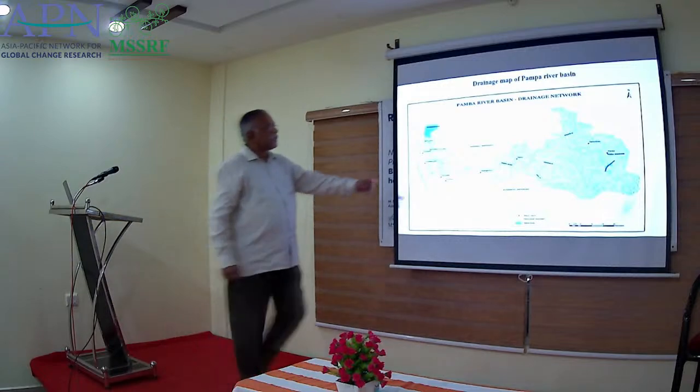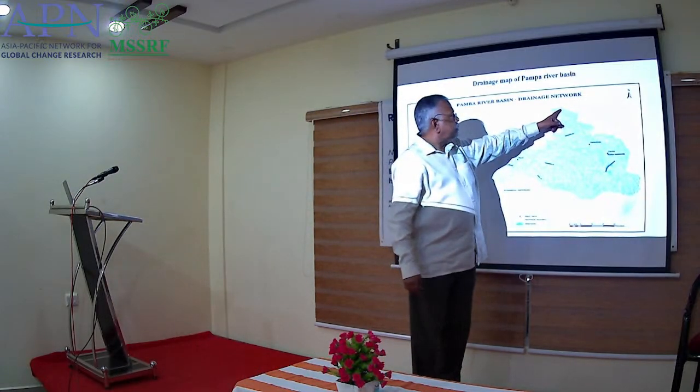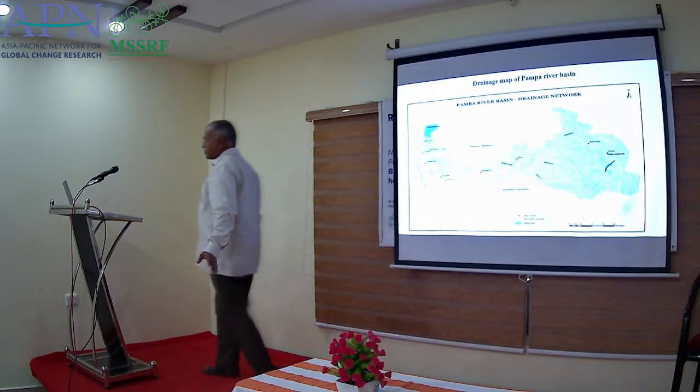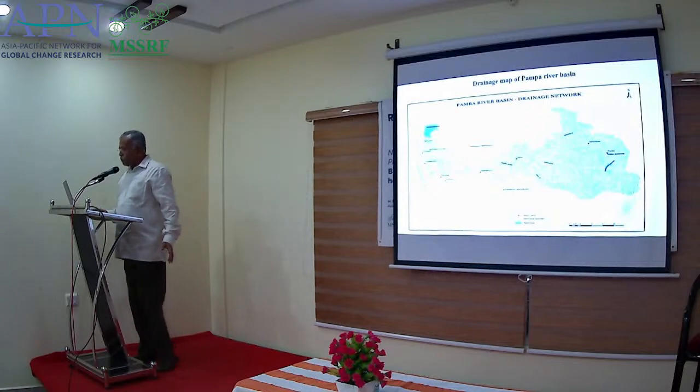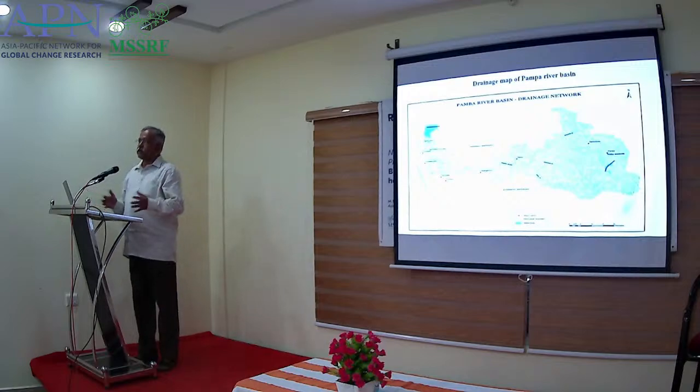Naturally. A very small first-order stream comes to a second-order stream, third-order, fourth-order, and then gets into a seventh-order river. All this water is collected together; every single stream is a watershed.